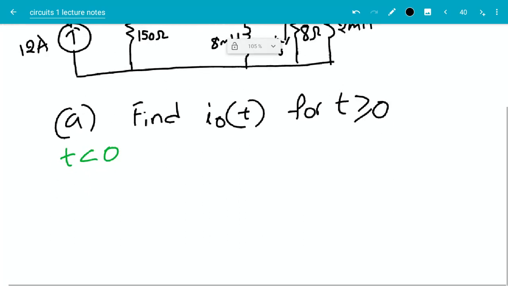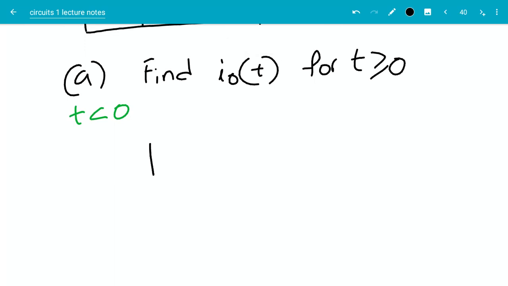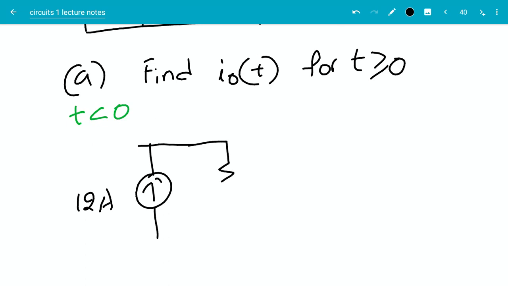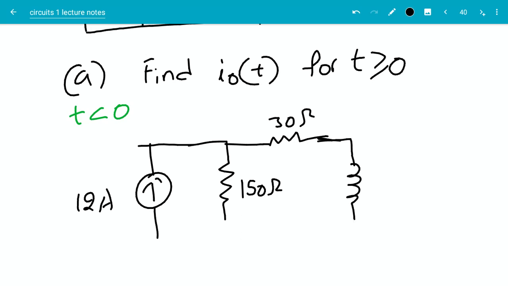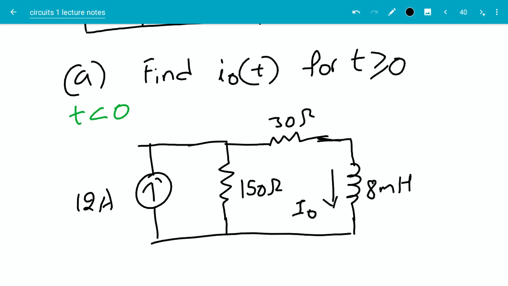We have a 12 amp source, a 150 ohm resistor, a 30 ohm resistor, and the 8 millihenry inductor. This is for t less than 0, and in stable conditions there is a current I0 flowing through the inductor.